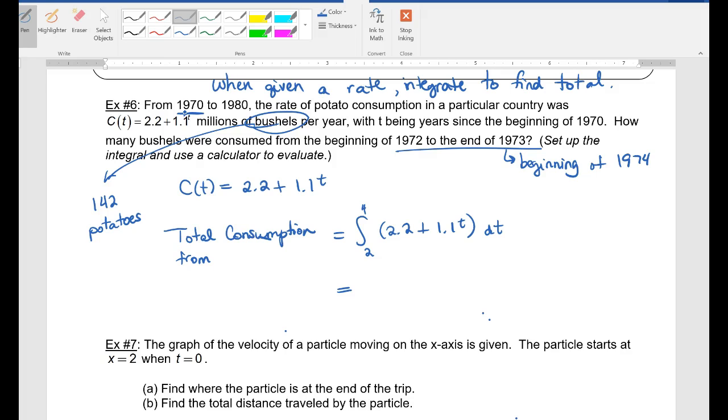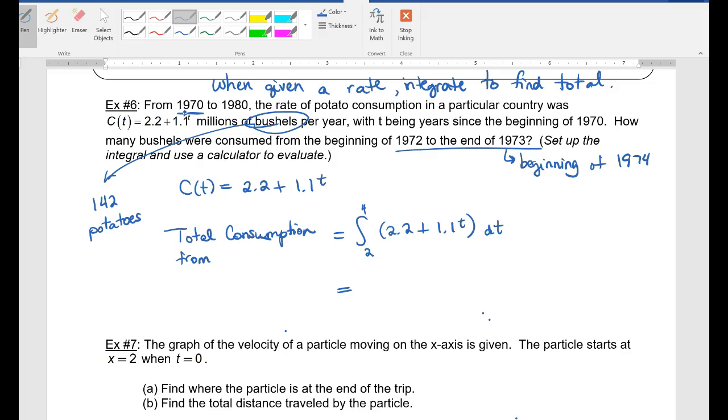Why don't you look at it as a graph? It does matter. The time does matter, guys. What does this graph look like? 2.2 plus 1.1 to the t. It's an exponential, right? 2.2 is where our horizontal asymptote is, and then it goes like this.